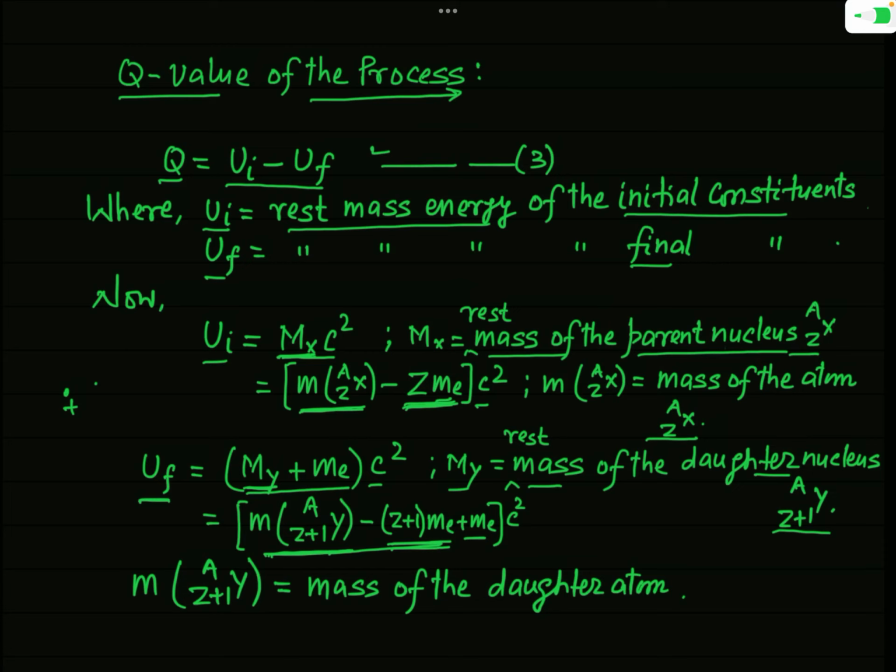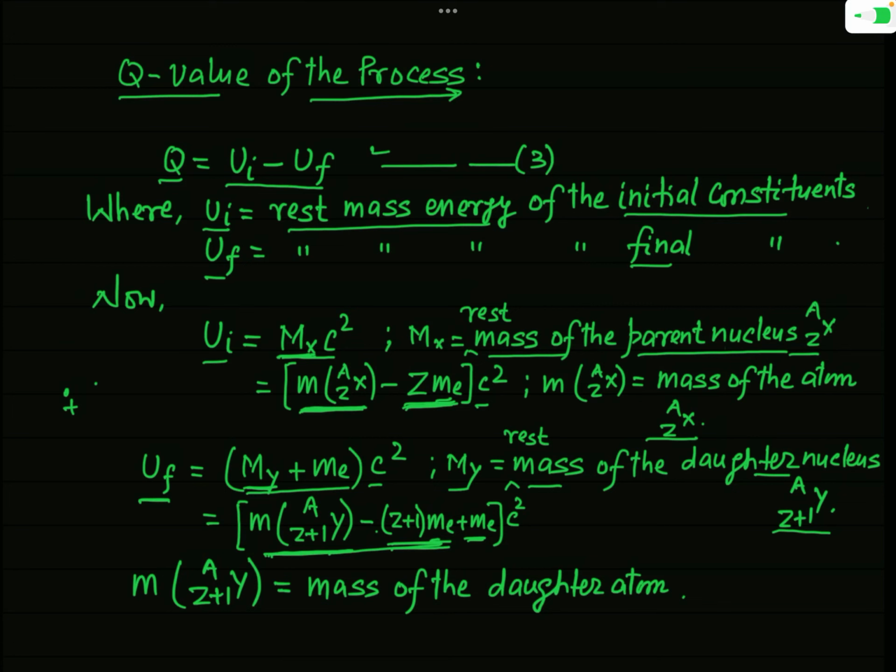And at the same time, you can see here there is minus m_e and plus m_e both, so those two m_e will also cancel out. So simply you will get U_I minus U_F equal to mass of Z X A minus mass of Z plus 1 Y A.